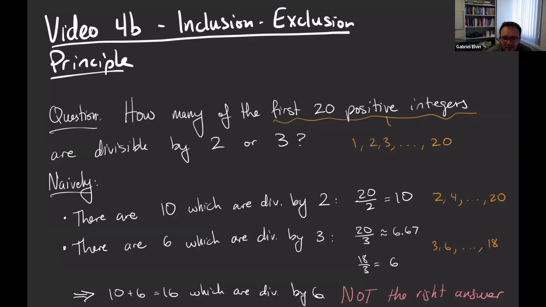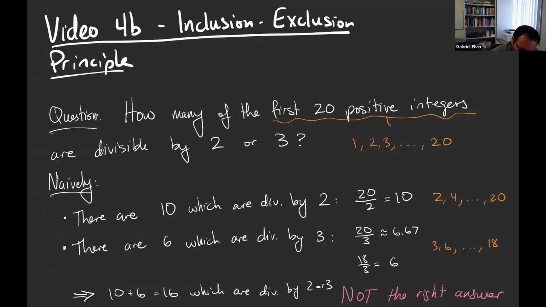Sorry, I messed this up. Not divisible by 6, divisible by 2 or 3. I'm not going to re-record, so let me just recap that correctly. If there are 10 numbers which are divisible by 2 and 6 numbers which are divisible by 3, then there are 16, 10 plus 6, numbers which are divisible by either 2 or 3. But this is not the right answer, and I'll give you a minute to think about why.